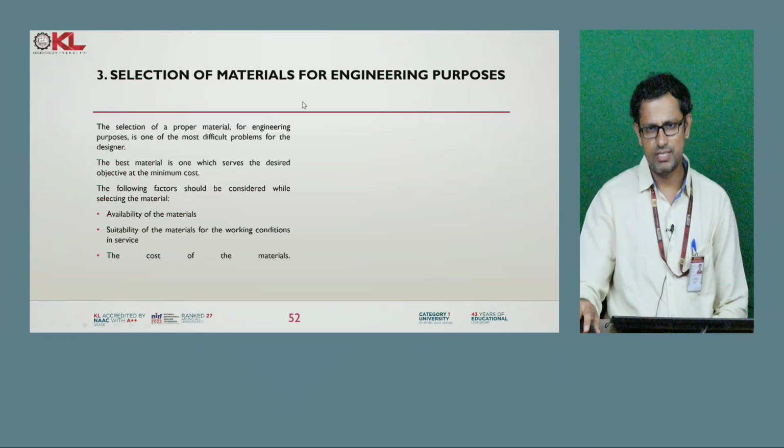The third one is selection of materials for engineering purposes. This is the most important step, because if I select a different material, each one can create a new design. For example, if I design a chair with wood, that can be called a product.